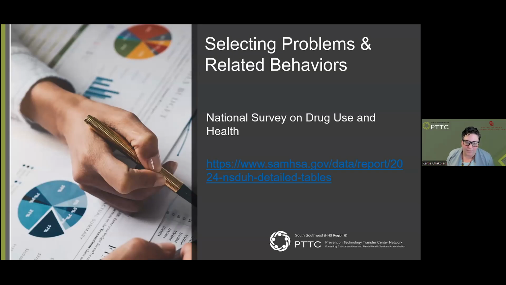This is one type of data source that you might use to assess the needs of your community. As we look at this data, think about the problems that they show are most pressing for your state, and you might want to be considering questions like, what rates are highest for your state? What trends are concerning to you? And how does your state compare to the other states in the region? And I've presented here Region 6 data.